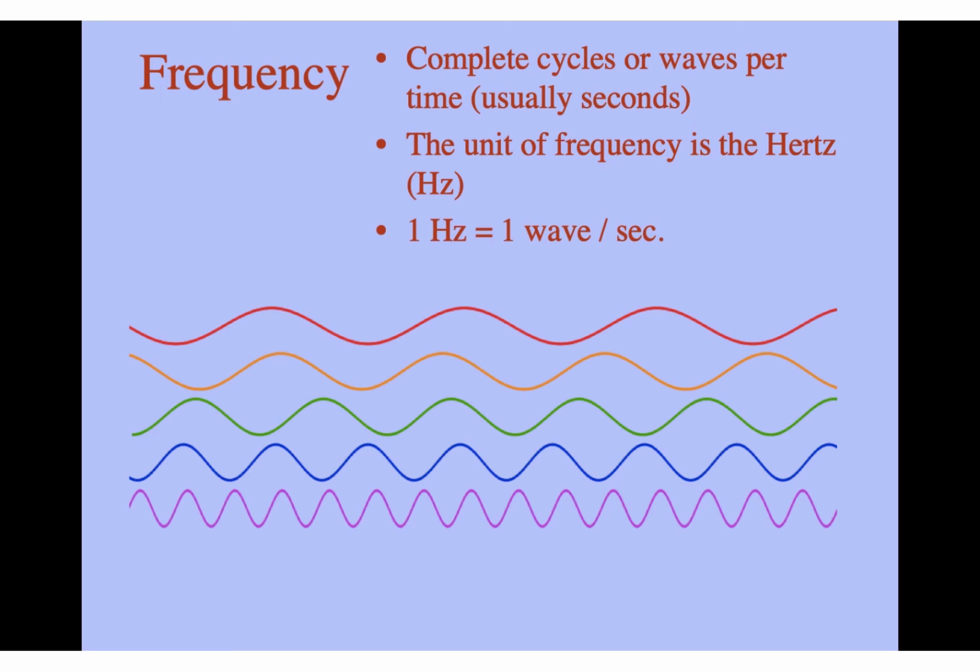So if you increase the frequency, and look down at the purple, that has a higher frequency, right? Then the wavelength will be shorter. If you decrease the frequency, that means fewer waves per second, then the wavelength is longer, right? They're called inverses. One gets bigger, one gets smaller. So the frequency and the wavelength have an inverse relationship.